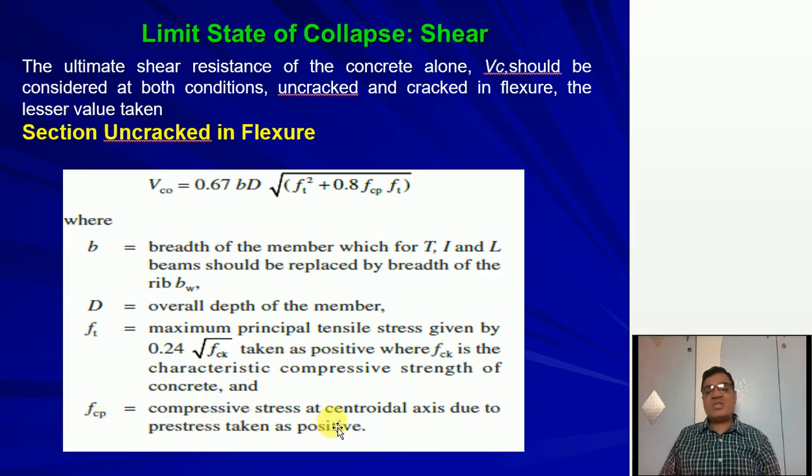FCP is the compressive stress at the central axis due to prestress, taken as positive. It is simply P by A because it is at the central axis, so only P by A will act here. Substitute the values here and we get the value of VC0, which is the ultimate shear resistance of the section uncracked in flexure.